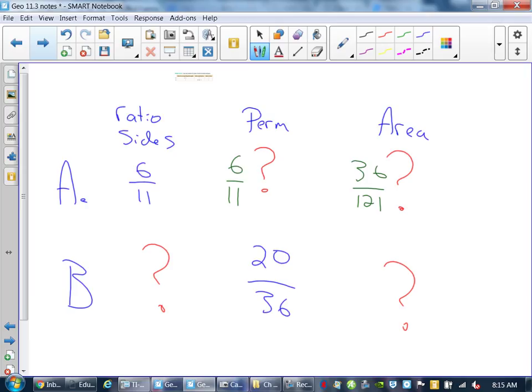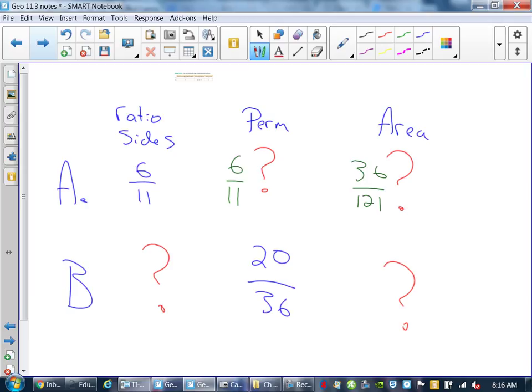It doesn't. Put 36 over 121. Because what you're thinking here is that 36 is divisible by 11, and 121 is divisible by 6, or something like that. So not always will they simplify to one another because you're squaring it. So you're going to get different ratios because the size changes.